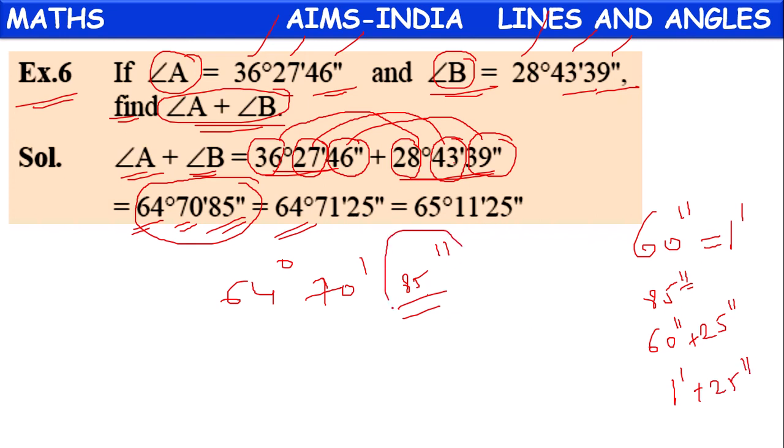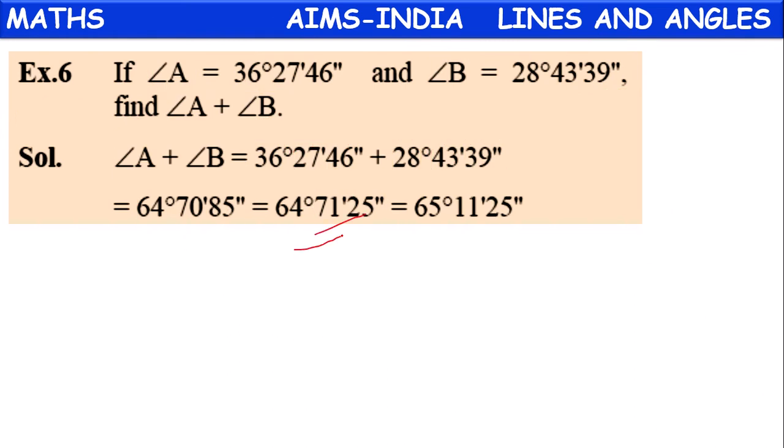From this 85 seconds, 1 minute will go to the front and be added to 70 minutes, and 25 seconds will remain. So 85 will become 25 seconds, and 70 will become 71 minutes. That is one change we have to do.